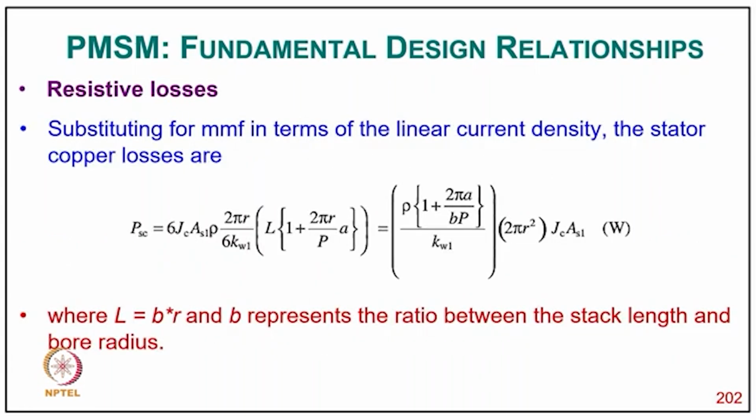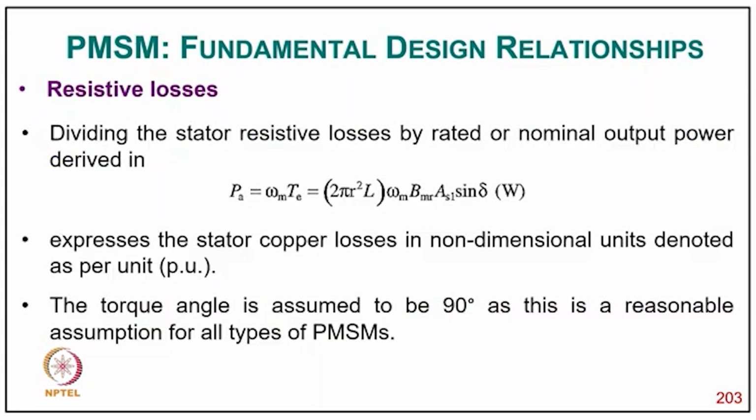And substituting for the MMF in terms of linear current density, the stator copper loss is PS equal to 6 JC AS1 rho 2 pi R upon KW1 in bracket L into 1 plus 2 pi R upon P into A, equal to rho in bracket 1 plus 2 pi R A upon BP divided by KW1 into 2 pi R square JC AS1 in watts, where L is equal to B into R, where B represents the ratio between the stack length and the bore radius.